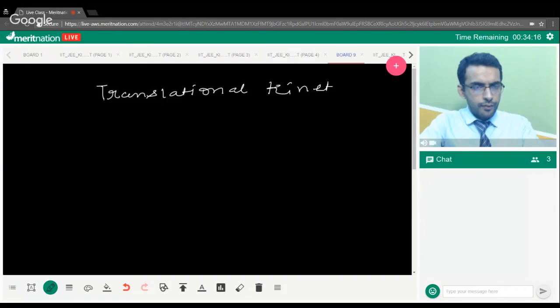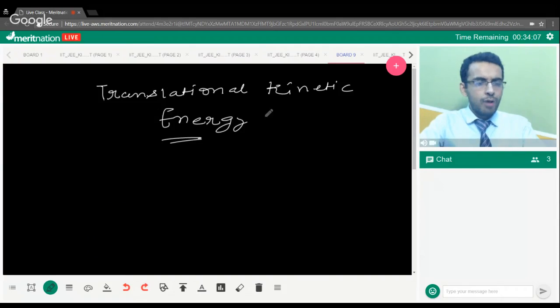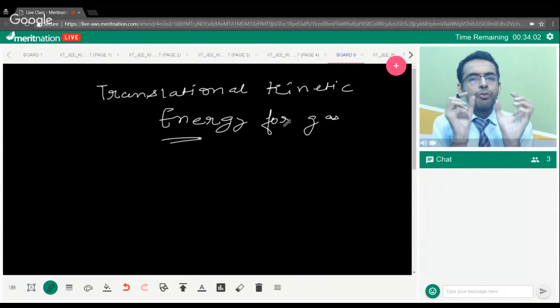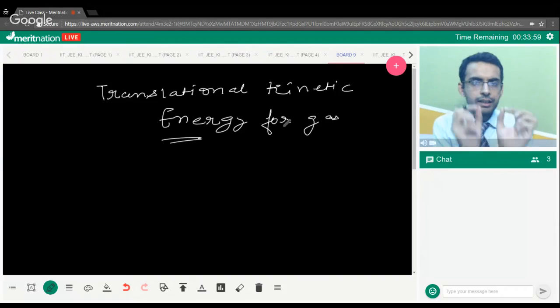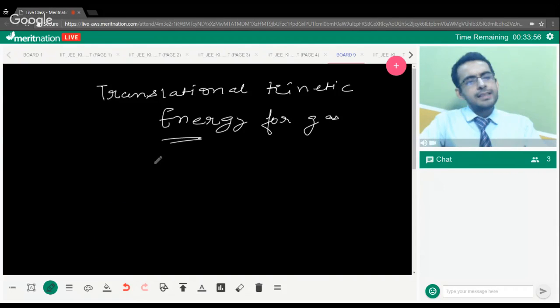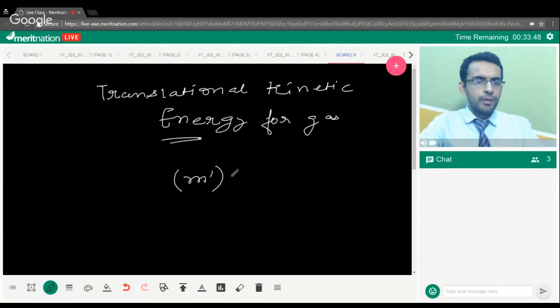Let's take one gas molecule, and let the mass of one gas molecule be m dash. Then m dash into V rms square, into half, is the average kinetic energy.